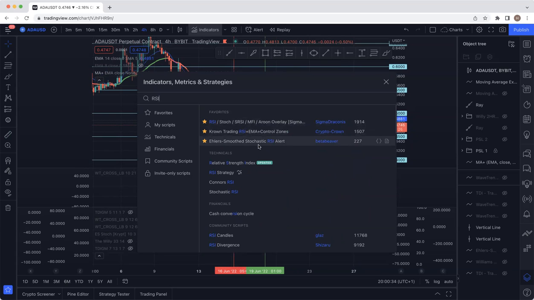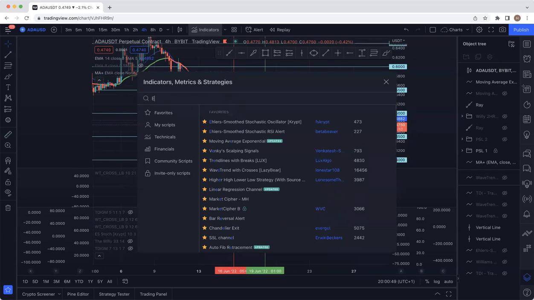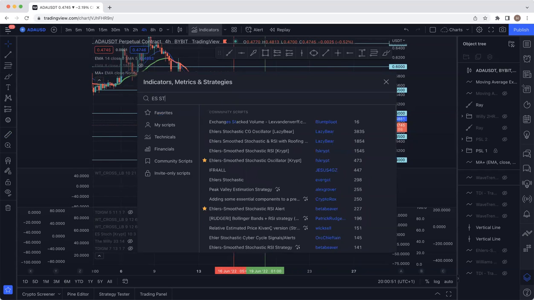The one we are looking for is, what's the one with crypt? There's one that we love using instead of the stock one. Okay, let me find it.